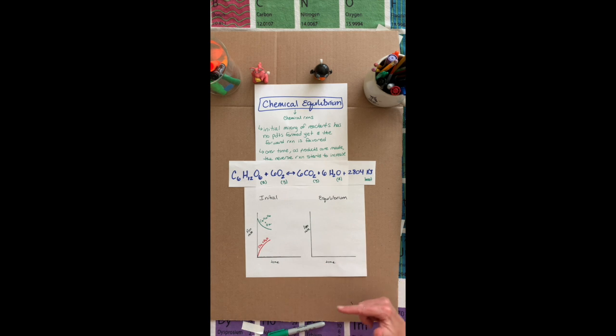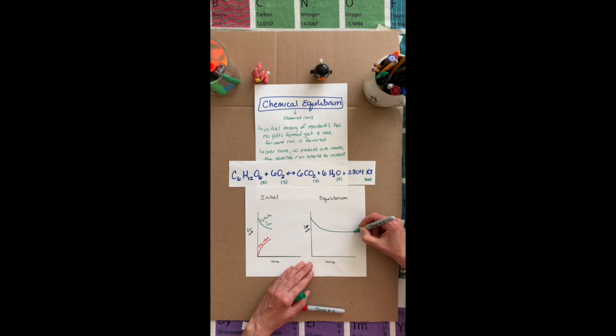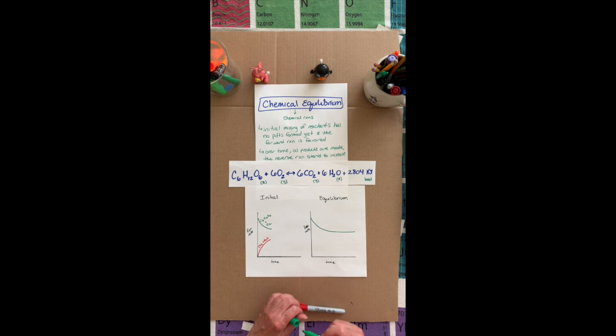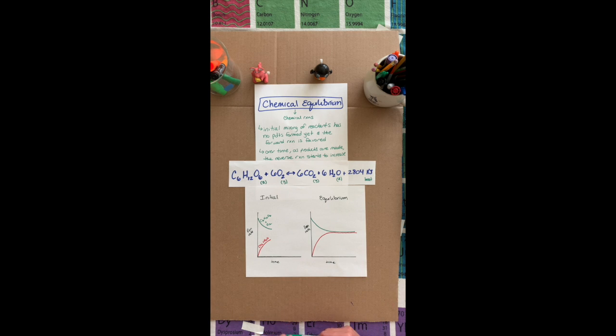Now, as equilibrium is achieved, it takes some time. So what we end up having is our reactants continue to decrease but reach a plateau. Our products continue to increase, but they also reach that plateau. And this represents this system at equilibrium.